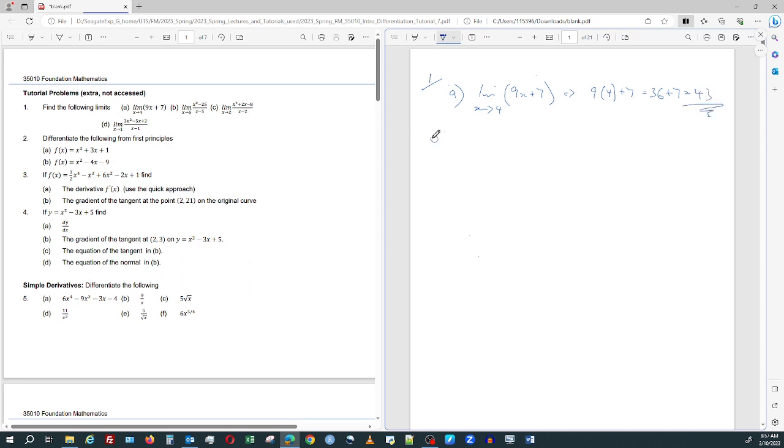Alright, for part B, again, the limit of x, that's our insurance policy for a quotient. So in this case here, now we're using a bit of gymnastics this time around, in that we are going to recognise that as x approaches 5, the denominator would become 0, so x cannot equal 5.